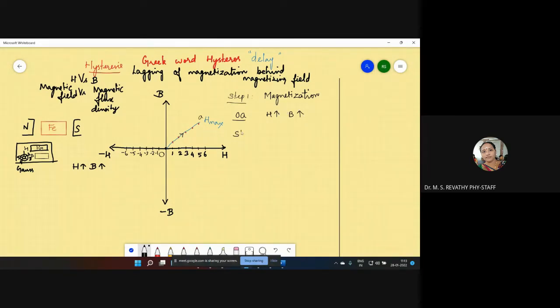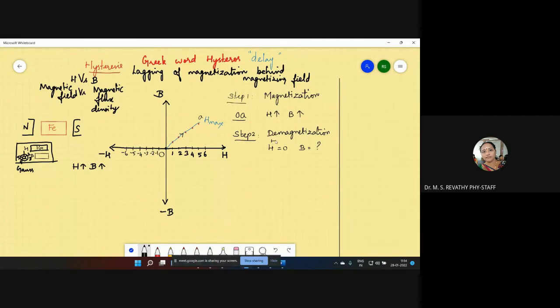Then in step 2, I will do demagnetization. I will make H equal to 0, and what will happen to B? This is my question.